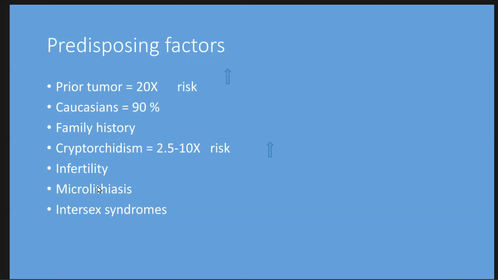Some predisposing factors for testicular tumor are prior tumor, Caucasian race, family history, undescended testes, infertility, microlithiasis, and intersex hormone conditions like Klinefelter syndrome and testicular feminizing conditions.